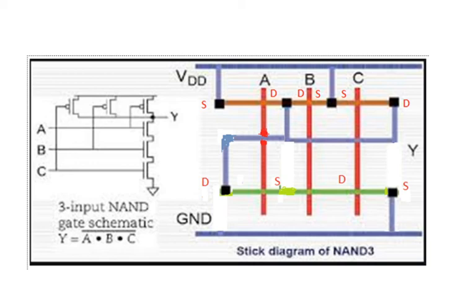Then at the top of the circuit, PMOS transistors are connected in parallel. If the variables are in AND operation, the transistors are connected in parallel in the pull-up network, that is, the transistors are connected in series in the pull-down network.